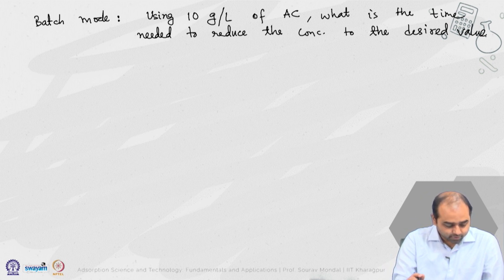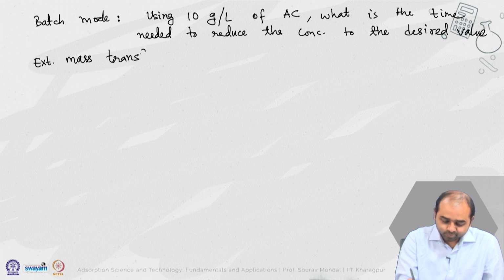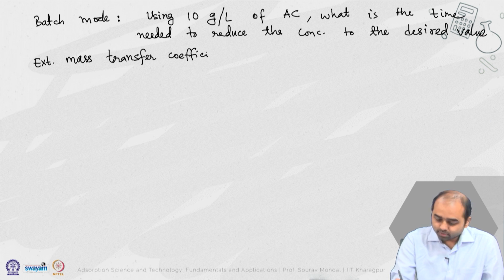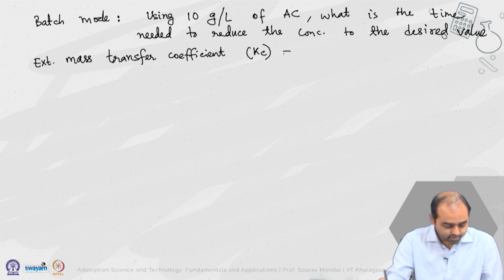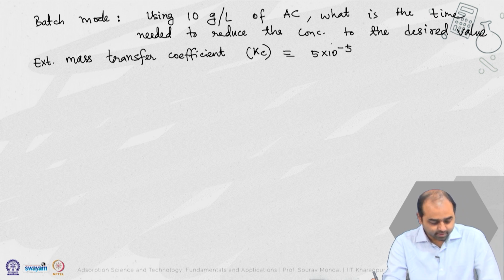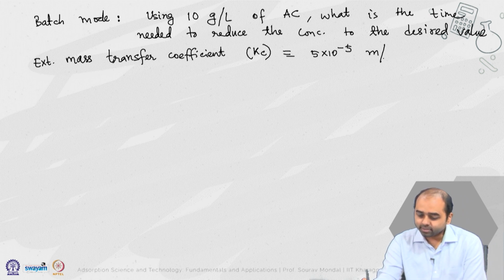Of course, we need the value of the external mass transfer coefficient. So Kc is 5 into 10 to the power minus 5 meters per second.